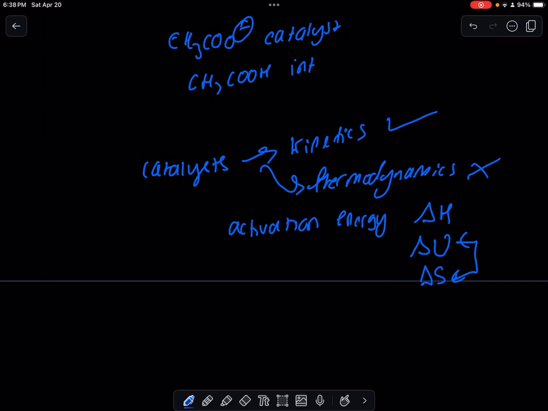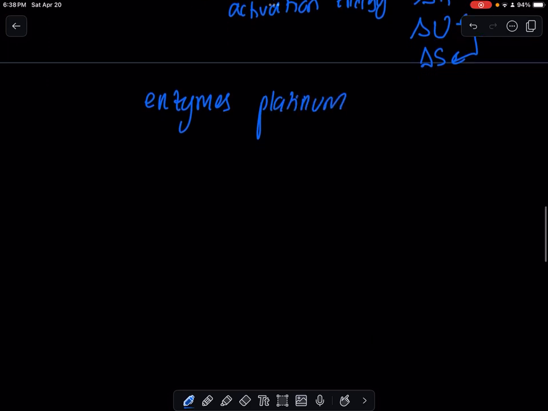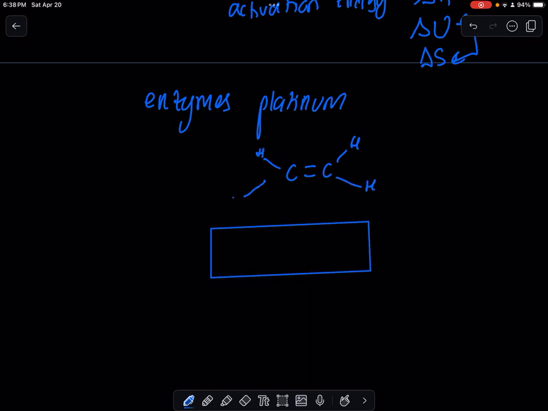Common catalysts that we actually see are things like biological catalysts, which are enzymes. We also have platinum, so sometimes we have metal catalysts. One good example is the palladium carbon catalyst, which, when we have a molecule like this, we can change it to this.